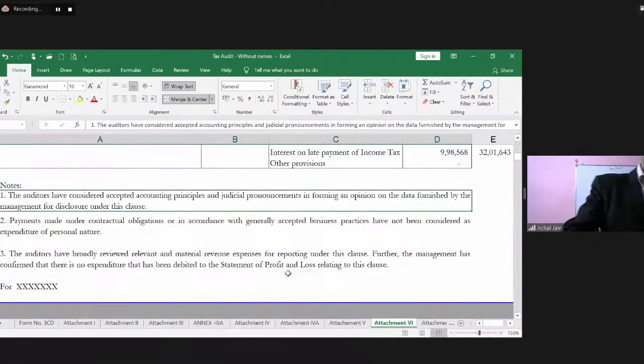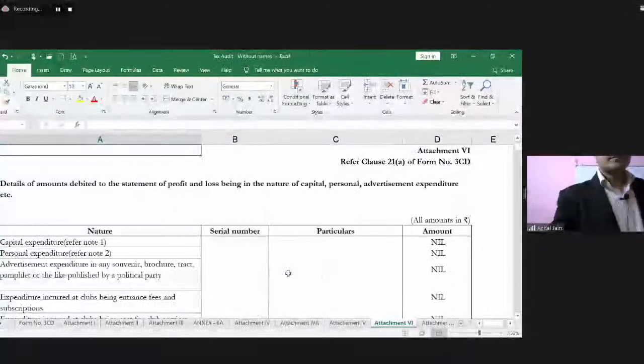So what would the auditor do? The auditor would generally give these notes, which you can see, note number 1, 2, which are more of clarificatory, wherein the auditor will say that during the course of his audit, he has performed procedures and looked at the accounting requirements, but he has also, on the basis of his discussions and inquiries with the management, concluded some of these items.